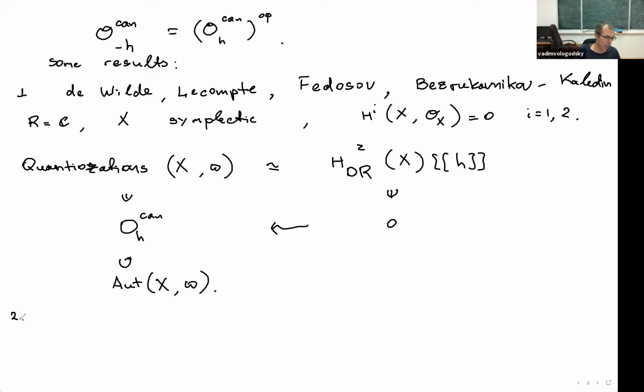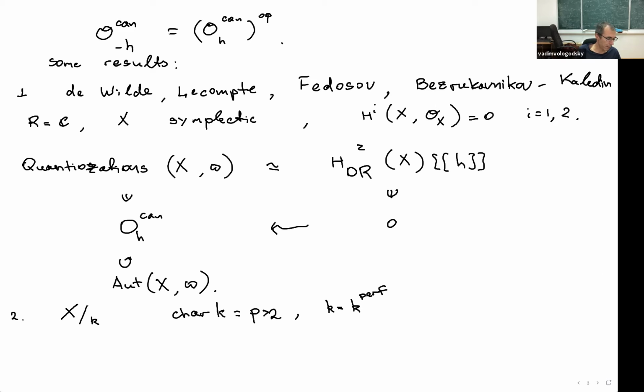So it's over complex numbers. Now there is another result, which is also due to Bezrukavnikov and Kaledin. So k here is a field of characteristic p, and for safety, I will assume that it's perfect. Maybe also that p is greater than 2.